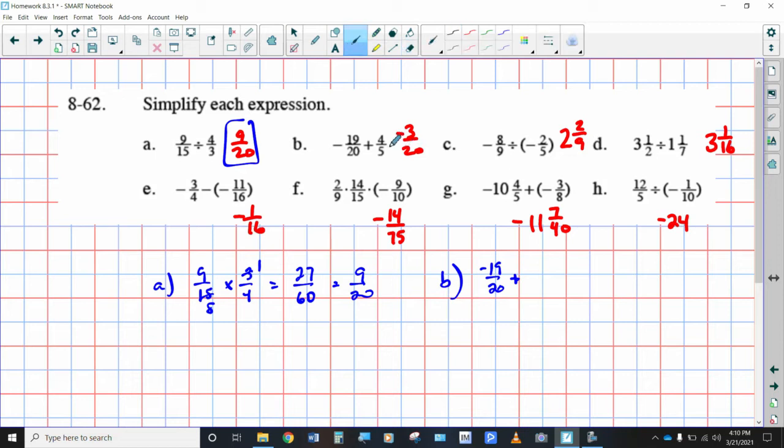So this is going to be 16/20. And now when you add them together, you keep your denominator, you do a subtraction here because you're adding a positive to a negative. So whenever you've got opposite signs, you're going to subtract and keep the sign of the bigger number. 19 is bigger than 16, so it's going to be -3/20.